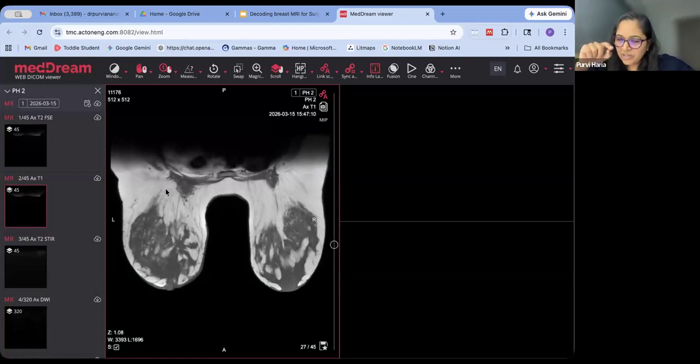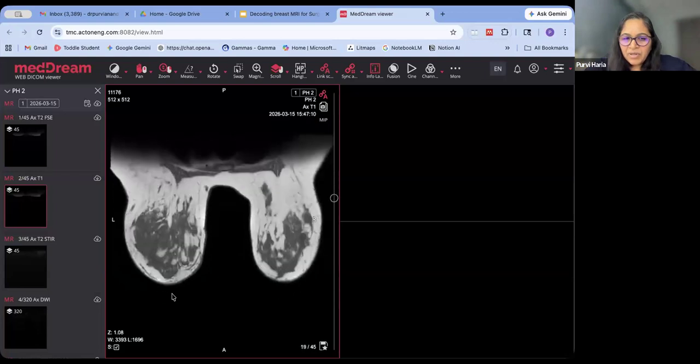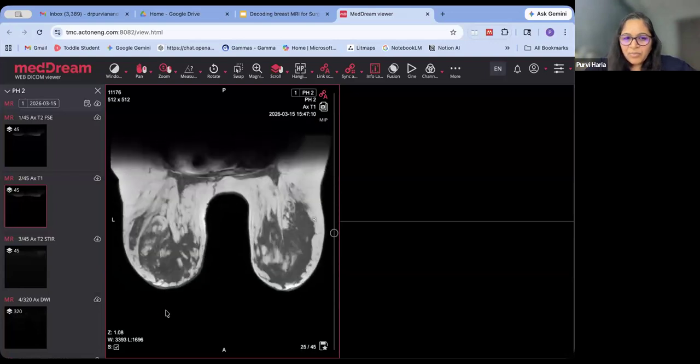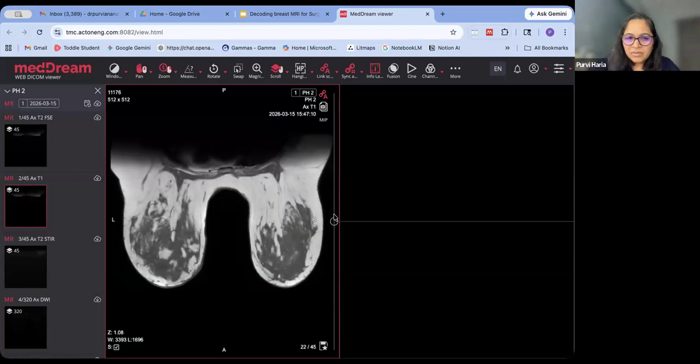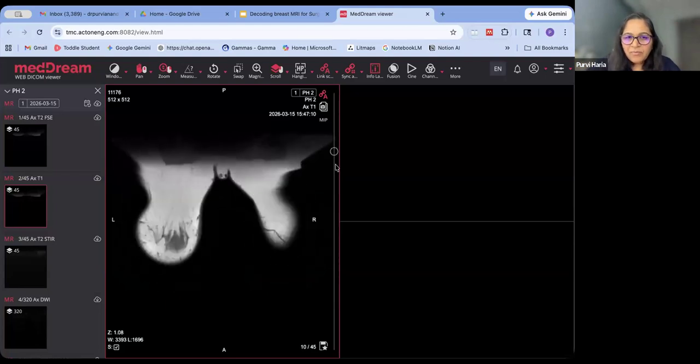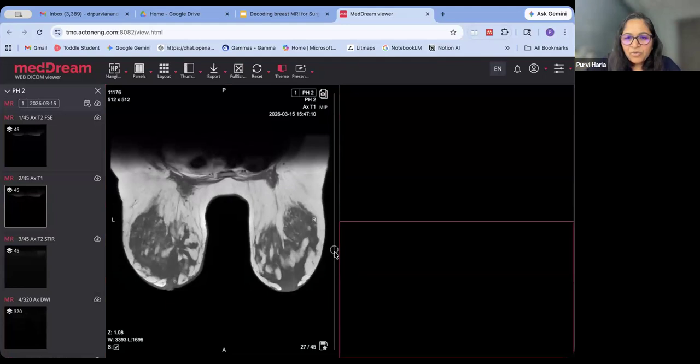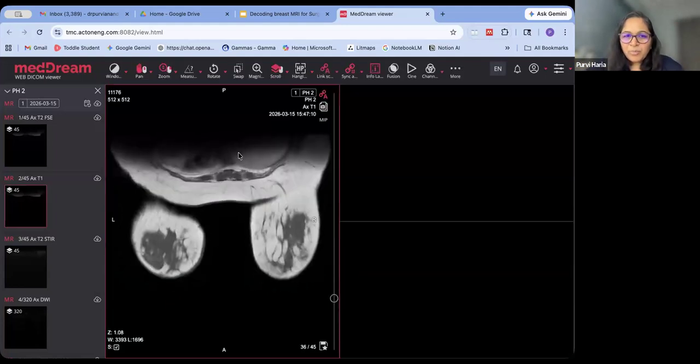So the clock position here is not the same as what we do on ultrasound. Here we see where the nipple is. To see whether you're going from top to bottom, we look at the liver and the great vessels when looking at the scan. Most of the time, films will start from the top.